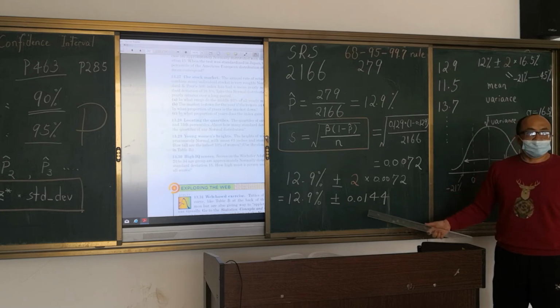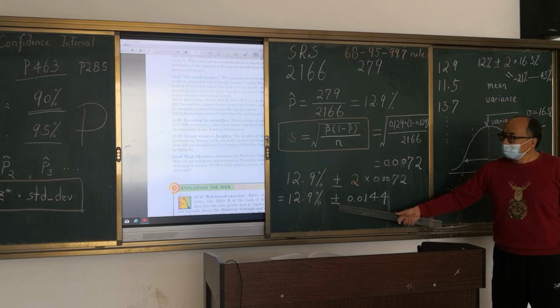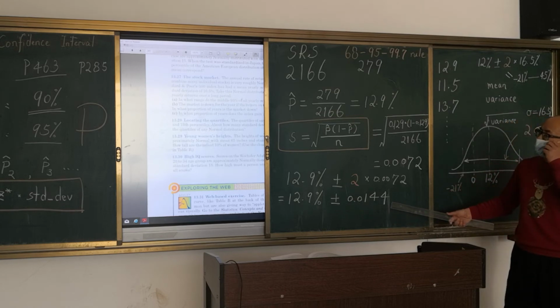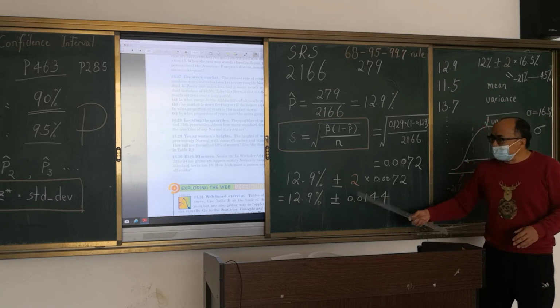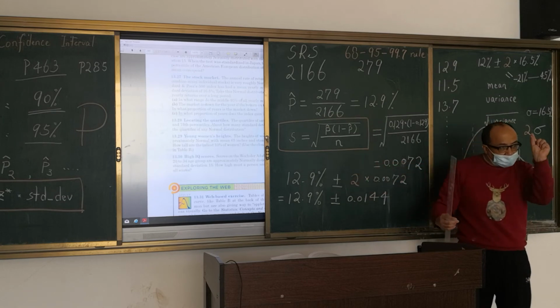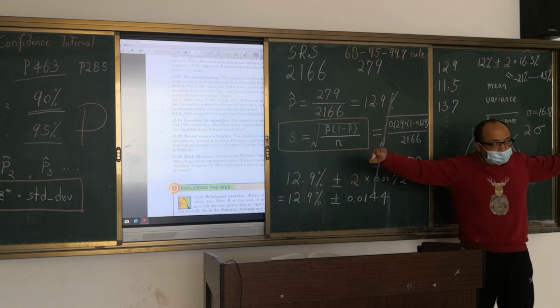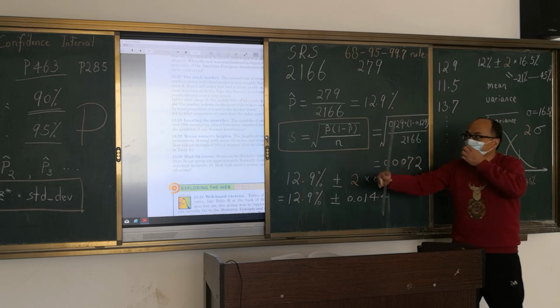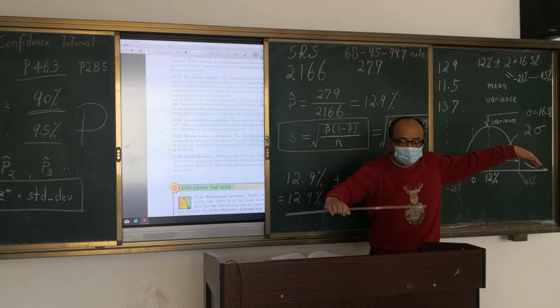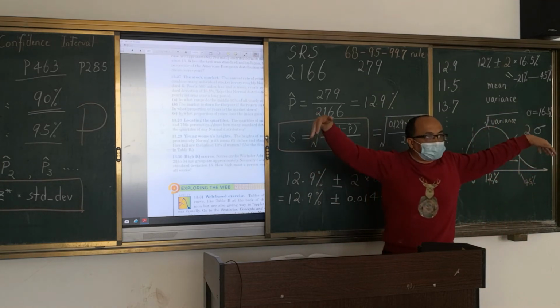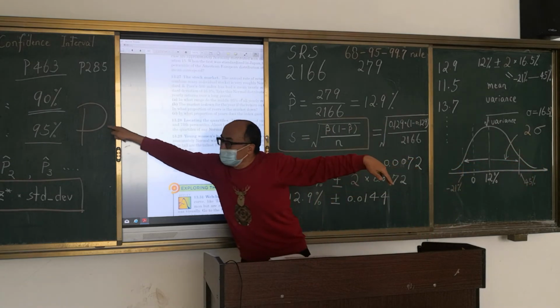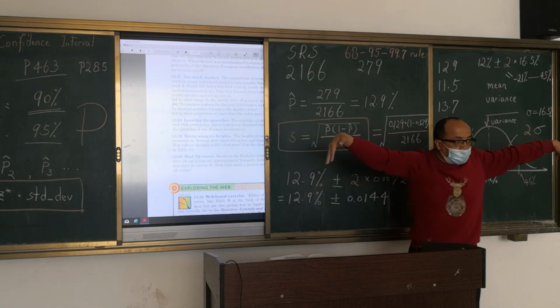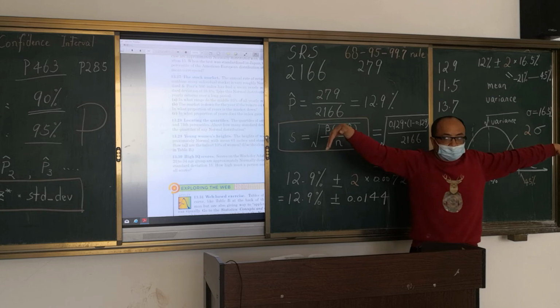So, again, this gives out a range, not the single number. This range means in 95% of times, this one is in this range.